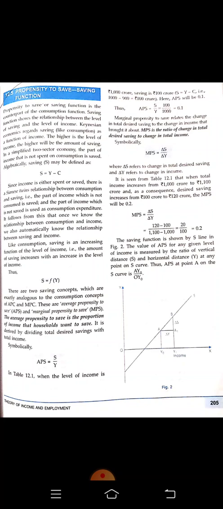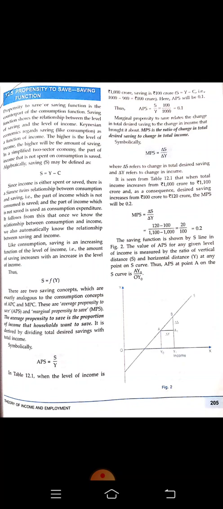So this increment in the saving, just because there is an increase in my income, that is called the marginal propensity to save, that is MPS. As I always tell in my videos, marginal means with the addition of 1 unit, what is the change.